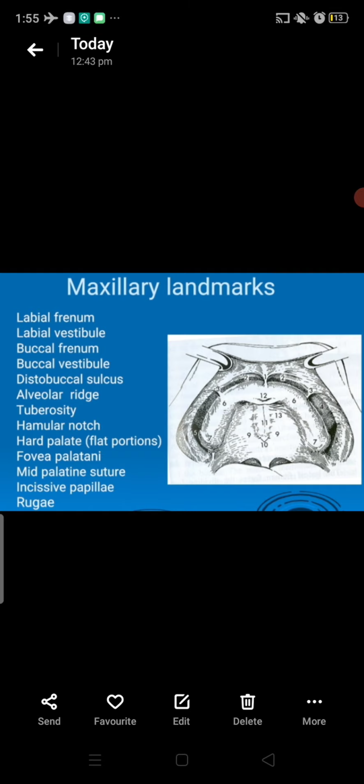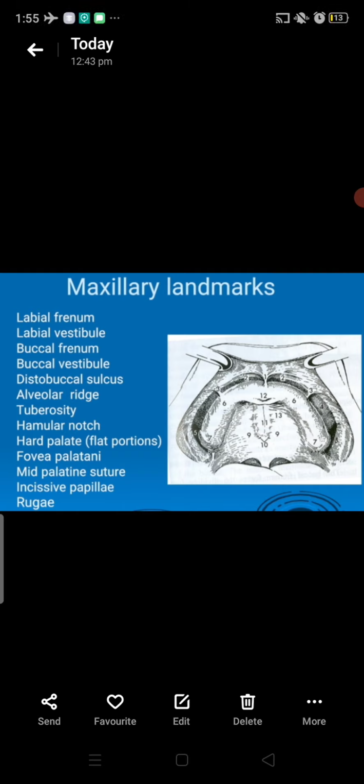In number 7 there is the maxillary tuberosity. In number 8 there is the hamular notch.